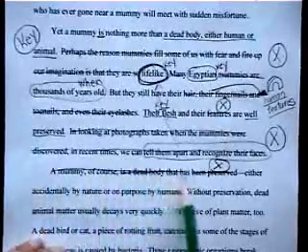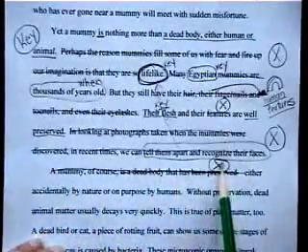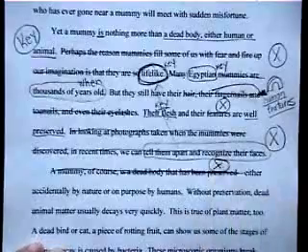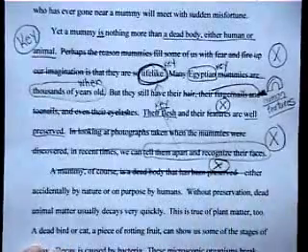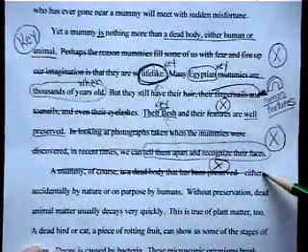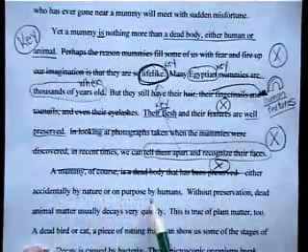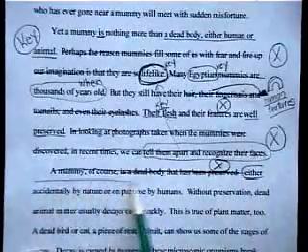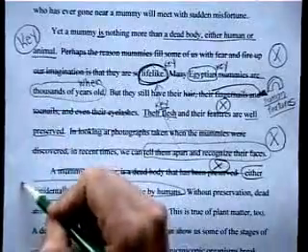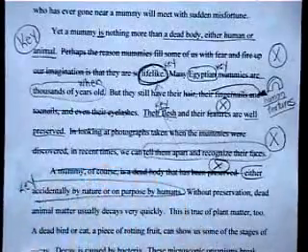So I can really get rid of this entire part right here in the name of deleting repetitious material. All right, then the next part talks about that they are preserved either accidentally by nature or on purpose by humans. I'm going to keep that. And I'm going to call that a key idea because it does describe how they are formed.